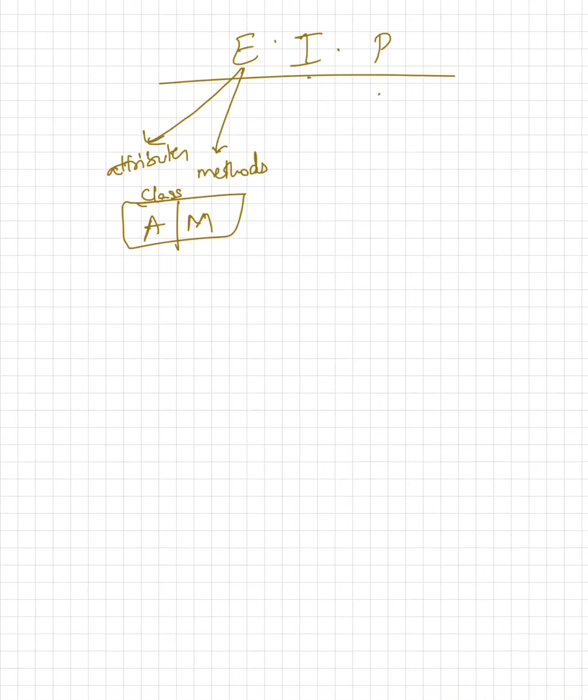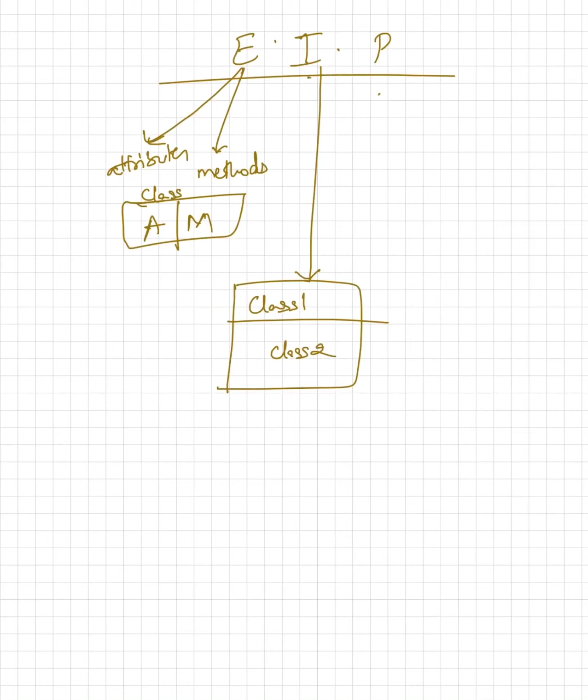And inheritance is something like you have one class, and then you have a class 2 which is inside that class. So class 2 is a subclass of class 1. So this is called inheritance.